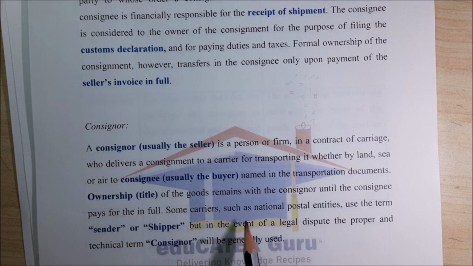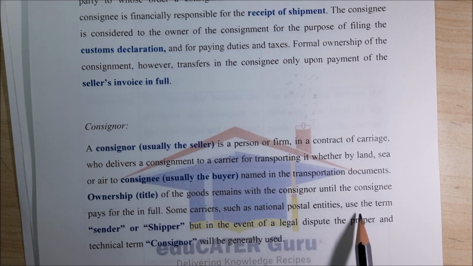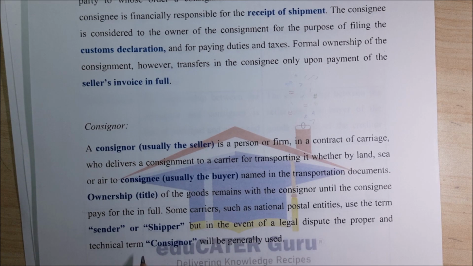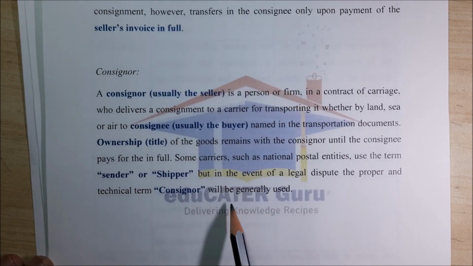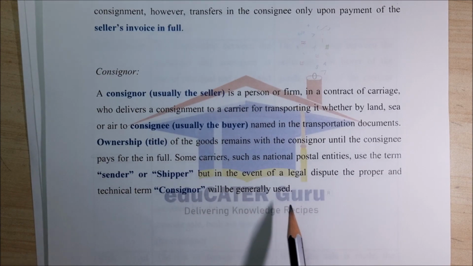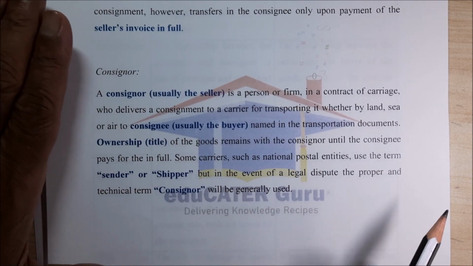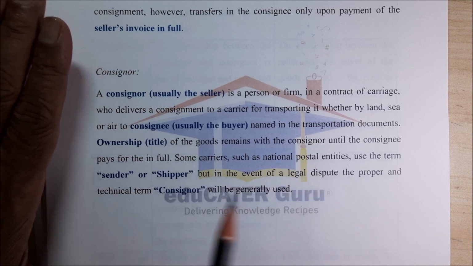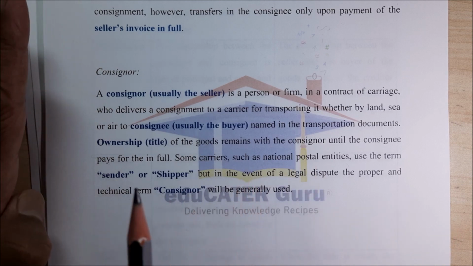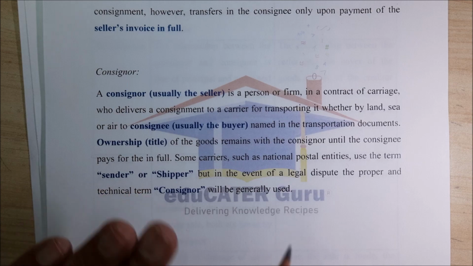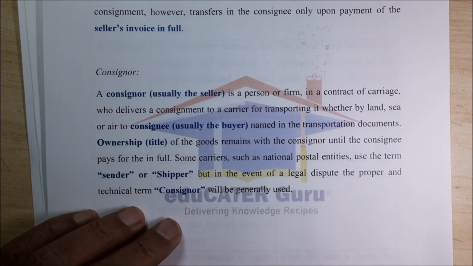Some carriers, such as national postal entities, use the term sender or shipper, but in the event of a legal dispute, the proper and technical term, consignor, will be generally used. From the technical point of view you have to understand who is the consignee and who is the consignor, that is, principal and agent.